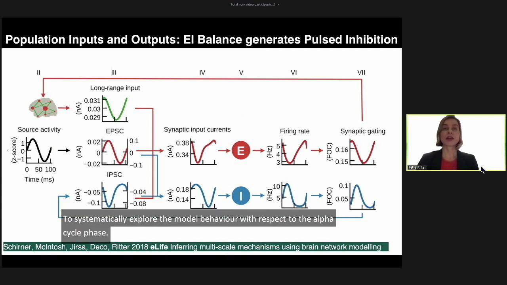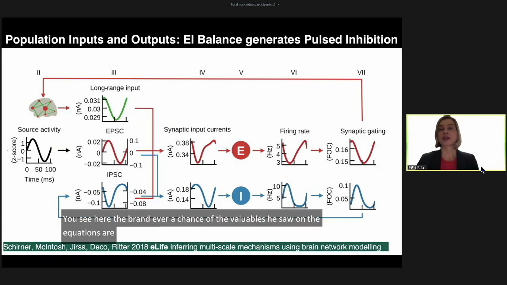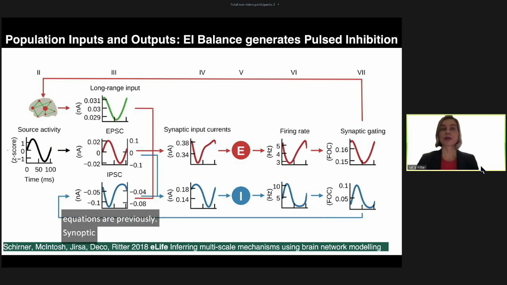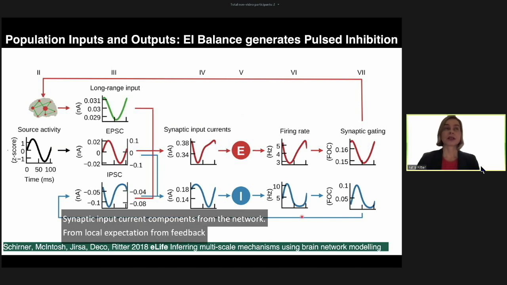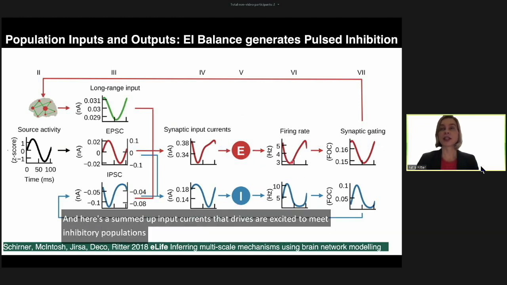We see here the grand averages of the variables you saw in the equations previously. Synaptic input current components from the network, from local excitation, from feedback inhibition. And here are the summed up input currents that drive the excitatory and inhibitory populations respectively, resulting in population firing rates and synaptic gating.